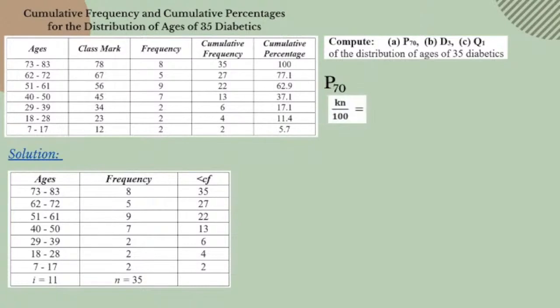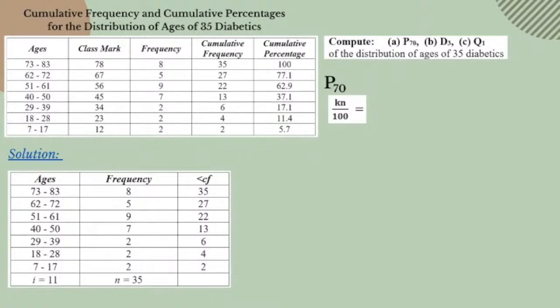On the table, there is a column for listing cumulative frequency. In calculating the 70th percentile, compute first k times n over 100 in order to determine the class interval containing the P70. The value of k is 70 because that is the specific percentile rank we need to calculate. The value of n is 35 as the total number of diabetic individuals.